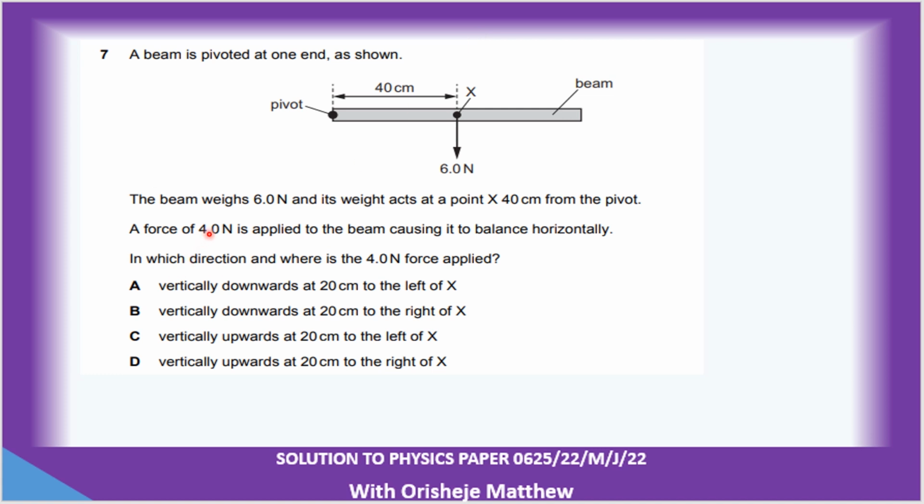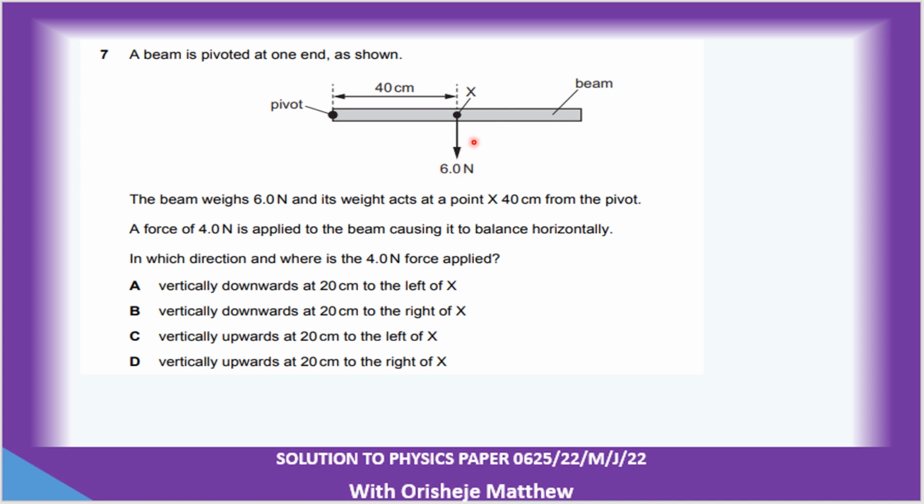Now they say a 4 Newton force, and if you apply a 4 Newton force, the smaller force will be farther away from the pivot, in order to balance this 6 Newton force.